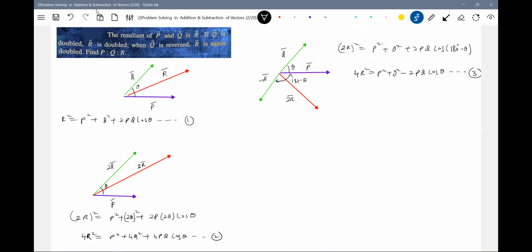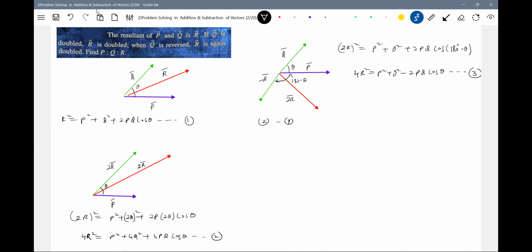I'll go for 2 and 3. Let me subtract equation 2 minus equation 1, so that P square I can eliminate. Now it's totally mathematics.